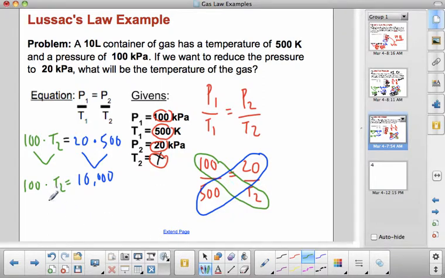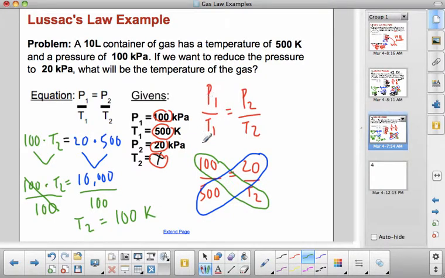If I want to get T2 all by itself, currently it's being multiplied by 100, so I need to do the opposite, which is divide by 100. If I divide by 100 on this side, it will eliminate it from this side of the equation. If I divide by 100 on the other side, because I did it on this side, I'll be able to solve for T2. And my T2 will actually be 100, and the units for temperature in this problem would be Kelvin.